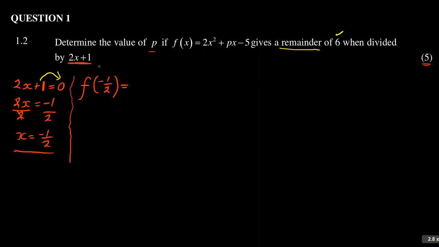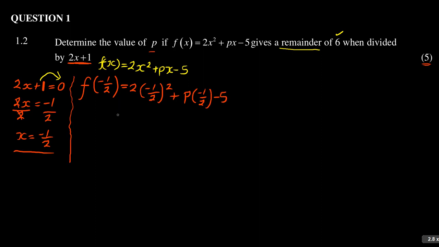If I can write it on top, my f of x is equal to 2x squared plus px minus 5. So now with this f of x, where there is x, I have put a negative half, which is equal to 2 times minus 1 over 2 squared plus p times minus 1 over 2 minus 5.